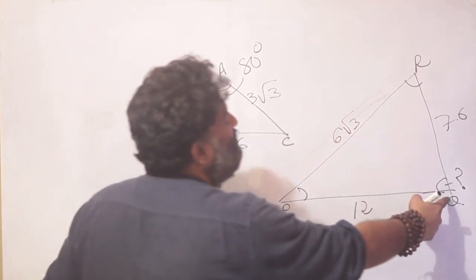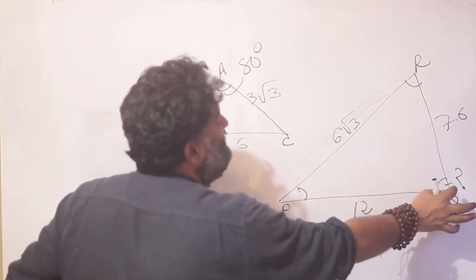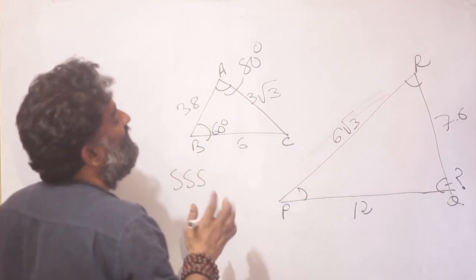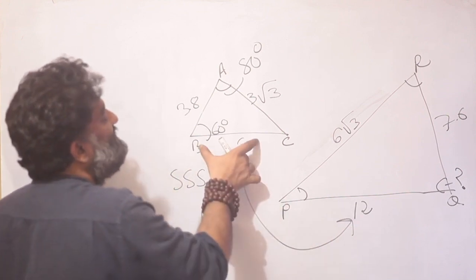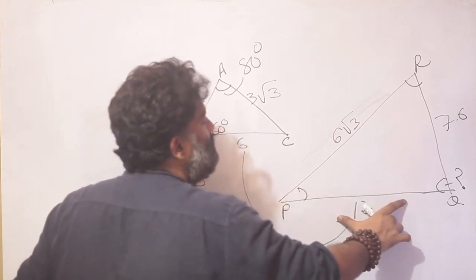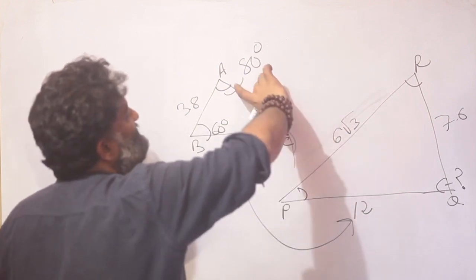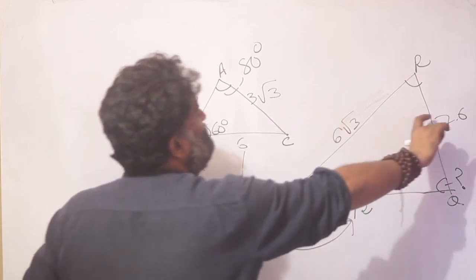I have to figure out angle Q. That means my only challenge is which angle does angle Q correspond with. That is the only thing I have to figure out. And then I can see that 6 corresponds to 12. That means BC corresponds to PQ, right? 3 root 3 corresponds to 6 root 3. That means AC corresponds to PR. 3.8 corresponds to 7.6.